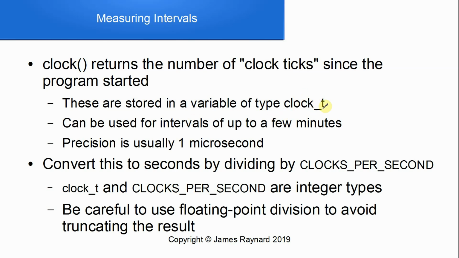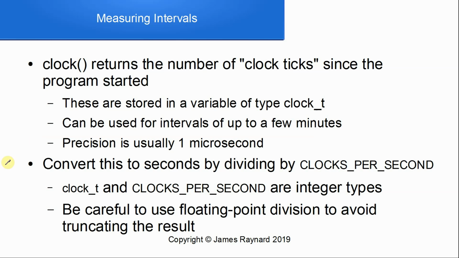This has quite a small range of values, so we can only use this for calculating intervals of up to a few minutes. The precision is usually 1 microsecond, so that means we can measure intervals down to the nearest microsecond or so. You might think that these clock ticks have some correspondence to the CPU speed. In fact, it's a completely hypothetical number.